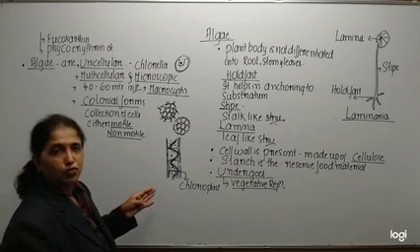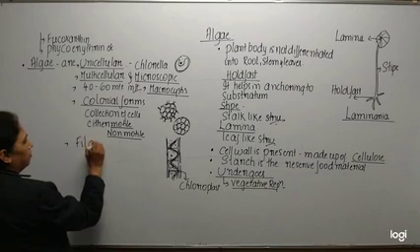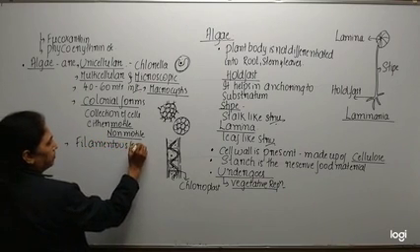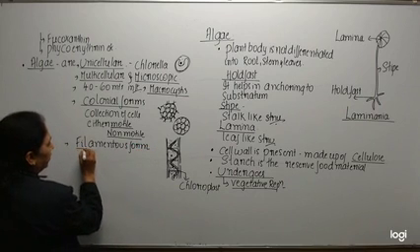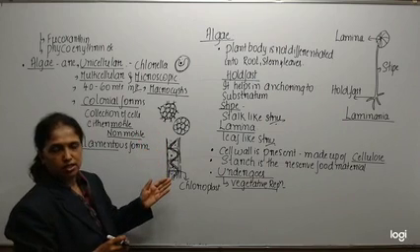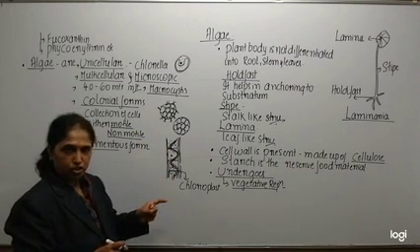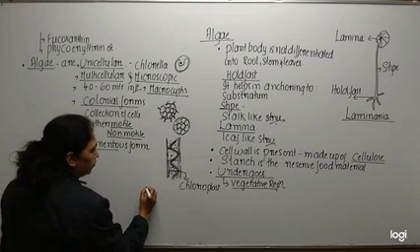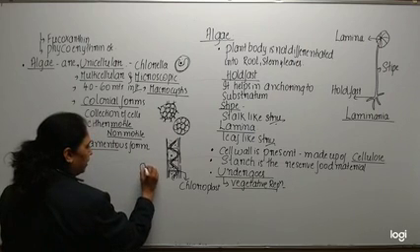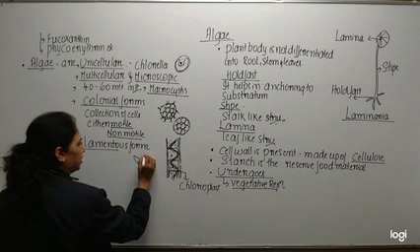It is called a filament. So it also exhibits filamentous form. In filamentous form, it is a uniseriate arrangement of the cells, either one row of cells unbranched, or sometimes we find branched. So this gives rise to branches.